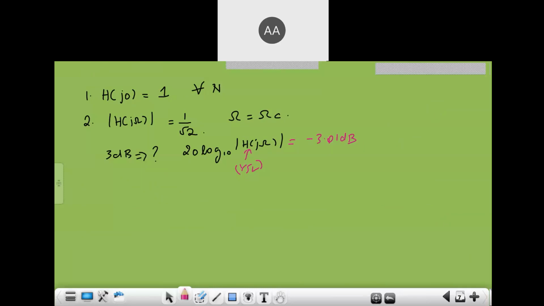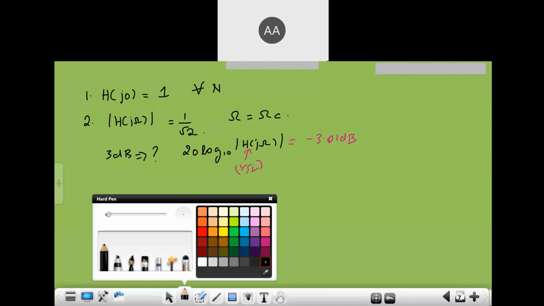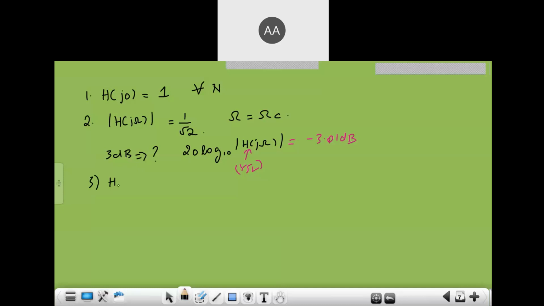Next, suppose your H of j omega tends to 0, that is the magnitude itself is reducing to 0, what will be the value of frequency? Obviously it is infinite, isn't it?